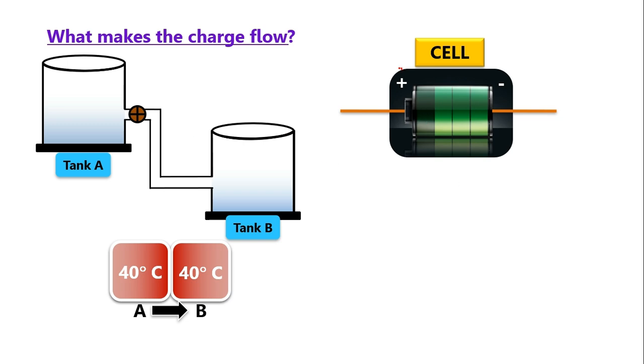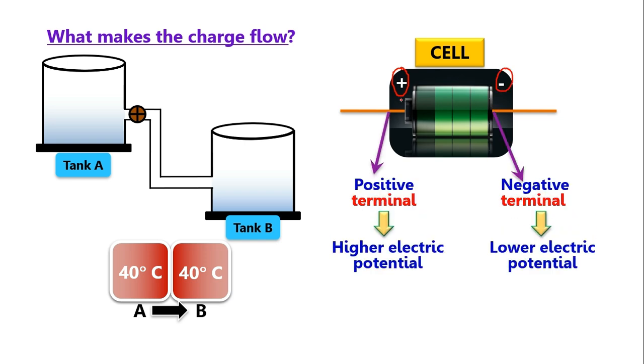The positive terminal is at a higher electric potential, with more energy level, and the negative terminal has less energy level, what we call lower electric potential.